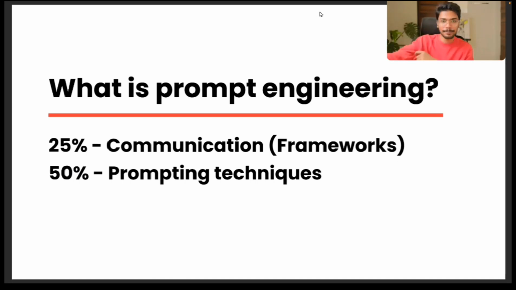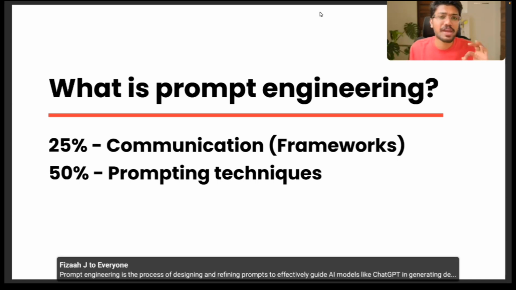You see, when you go to ChatGPT and ask it to write a 50,000 word non-fiction book, do you think ChatGPT will be able to write it? Very difficult. And similarly, if you ask ChatGPT to write a 2,000 line code for your app, do you think it will be able to do that? Very, very, very difficult.